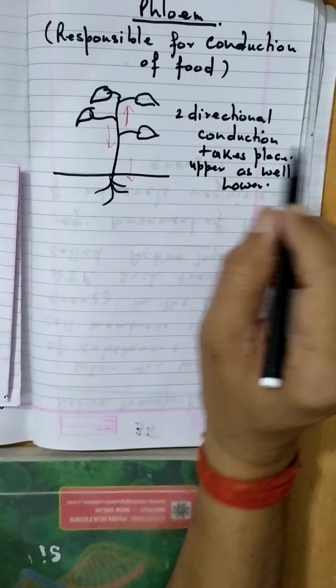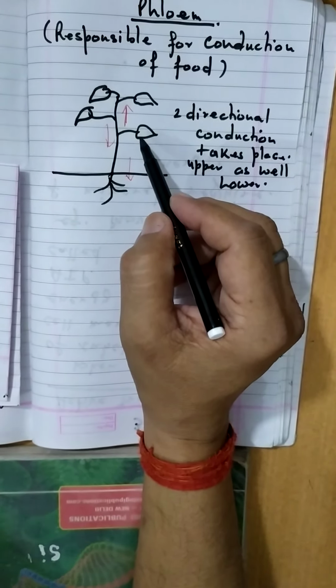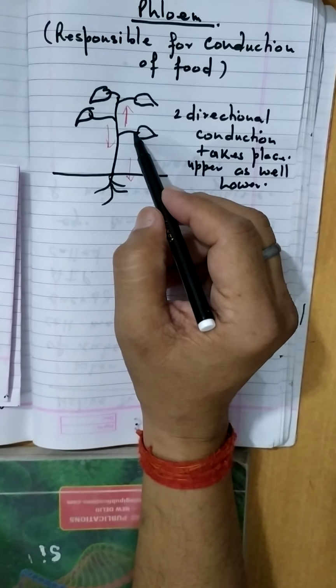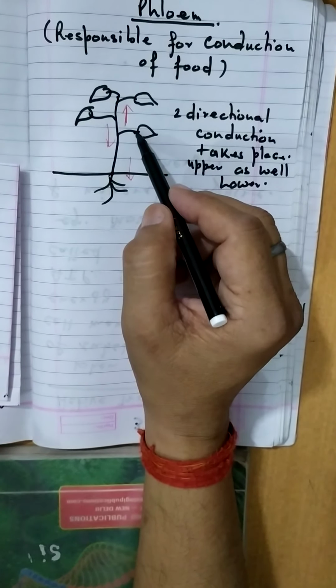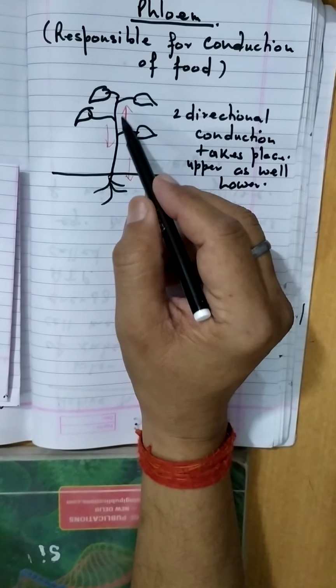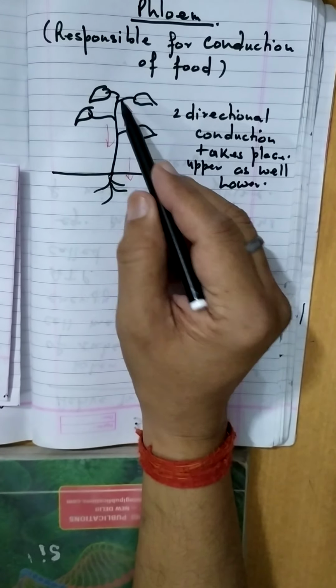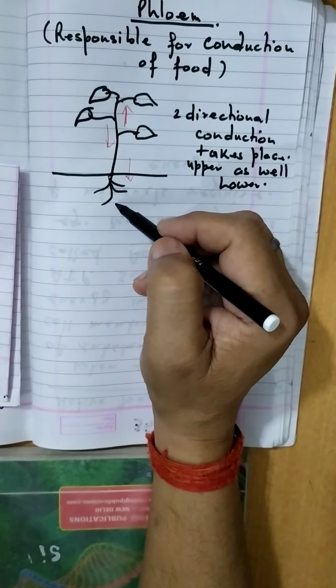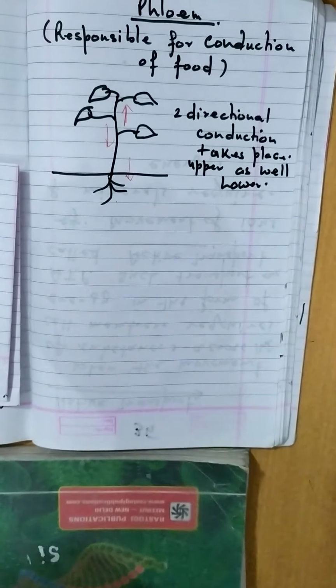Are you getting me or not? The food is manufactured by the process of photosynthesis in leaves, and from leaves it is supplied to upper sides, upper branches as well as towards roots also.